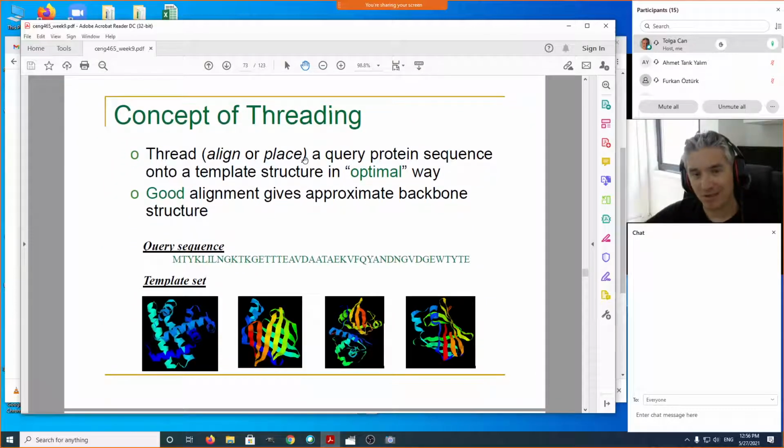So I already mentioned the concept of threading. A query, a target protein sequence is placed onto a shape in some optimal way. And then the good alignment gives approximate backbone structure after this point, and we just compute some energy function.